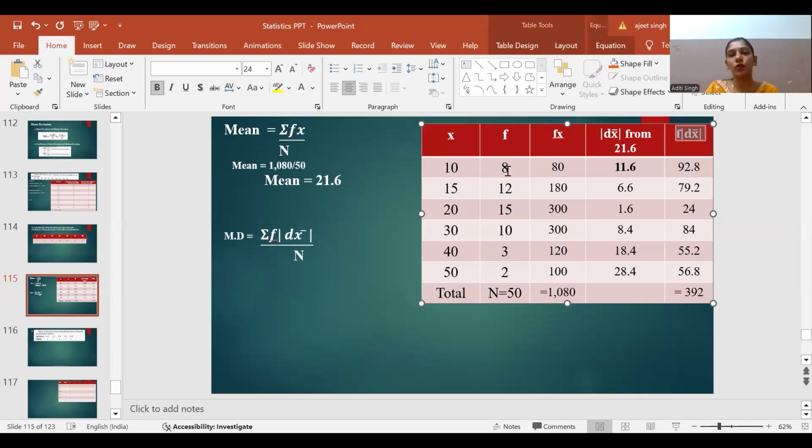So first we have to calculate the value of mean with the help of sigma fx upon n. After the value of mean, we calculate dx bar from mean. In this, we subtract all the values of x from the mean, and while doing the calculation, we have to ignore the sign of minus and plus.